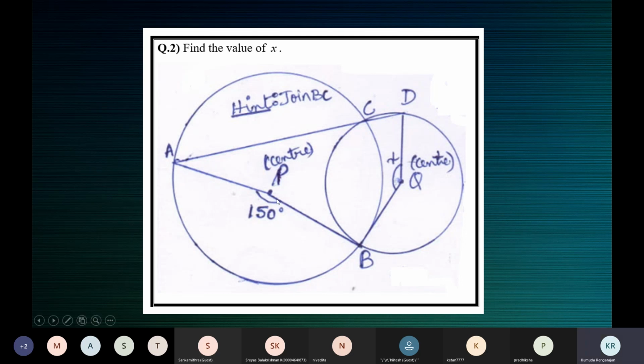So here, given that P is the center of this big circle and Q is the center of the small circle. See, P is the center, Q is the center.